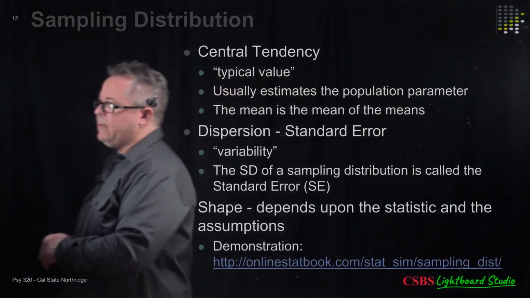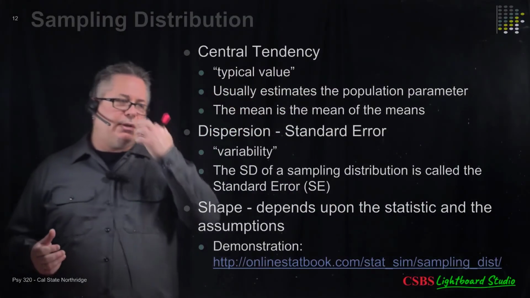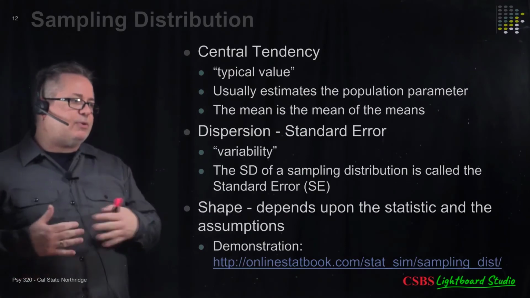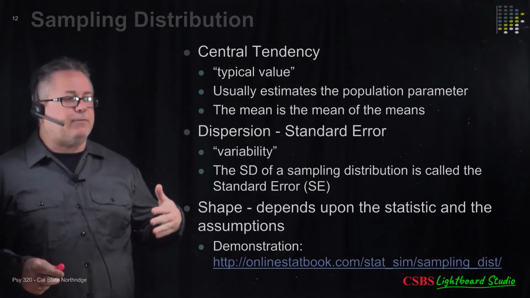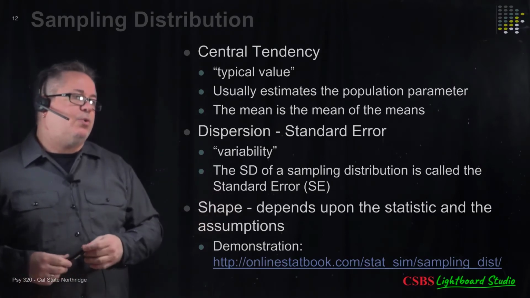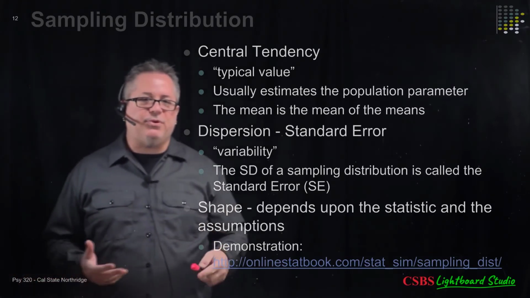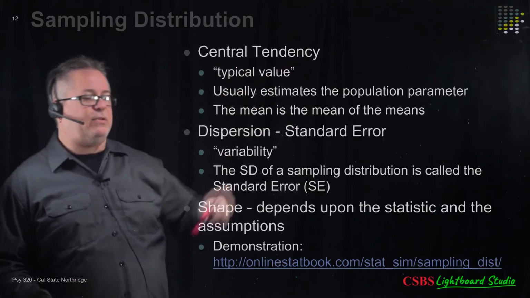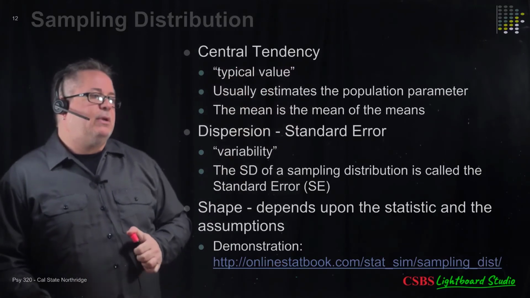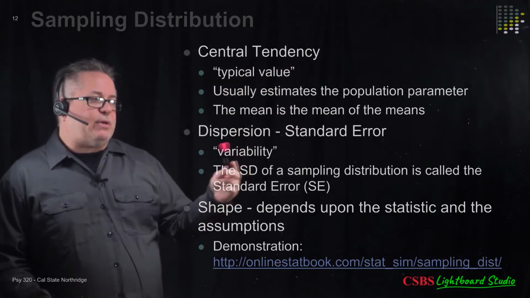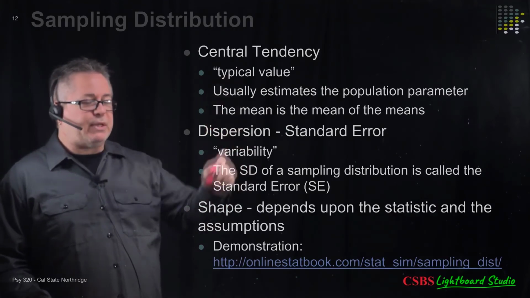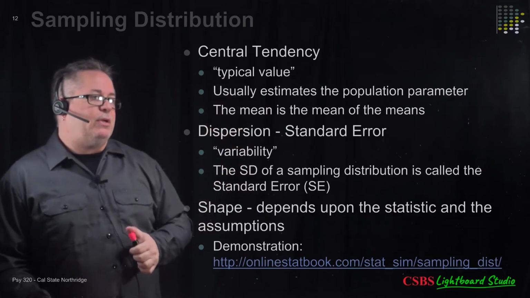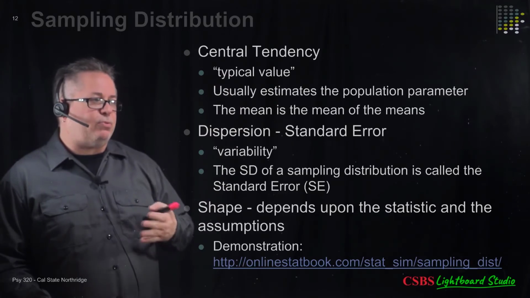In thinking of sampling distributions, it's still a distribution, it's just now a distribution of means instead of scores. Just like any distribution, we still want to know what the central tendency looks like, what the average looks like, and what the dispersion or variability looks like. The central tendency of a sampling distribution is usually an estimate of the population parameter.